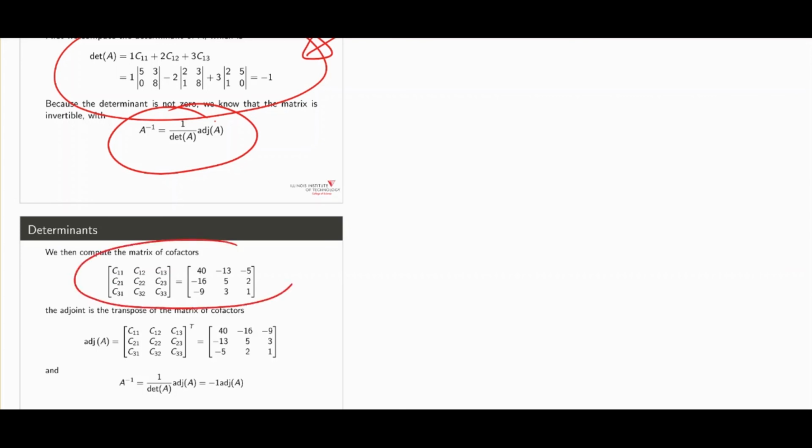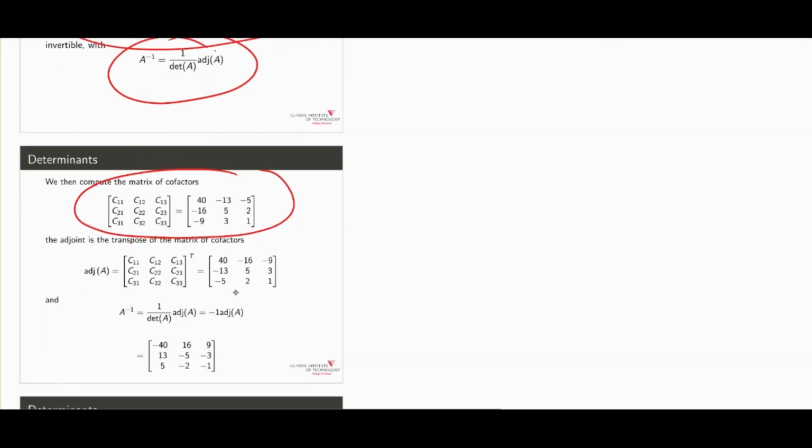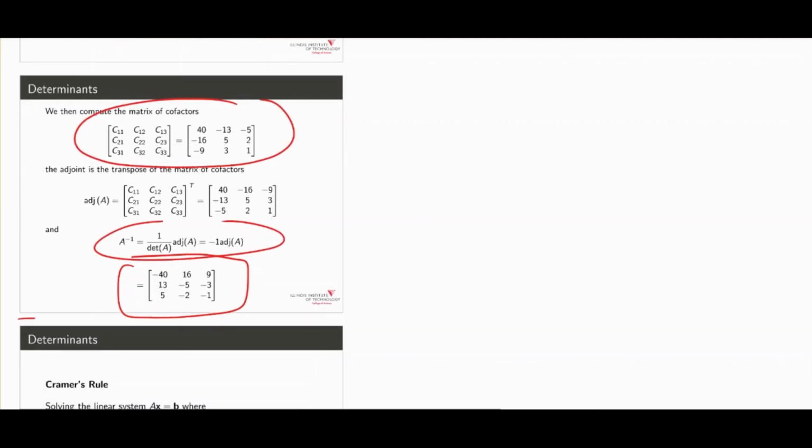You do all that and transpose your cofactor matrix to get the adjoint, and then A inverse will be given by this formula, which is this, and you can verify this is exactly the same as the A inverse that we get from row reductions.